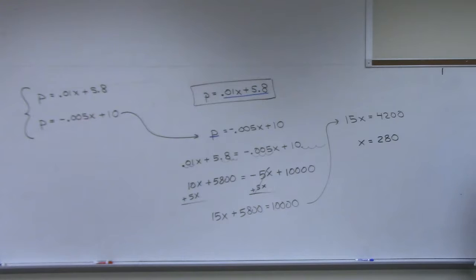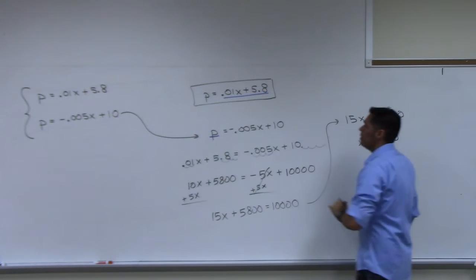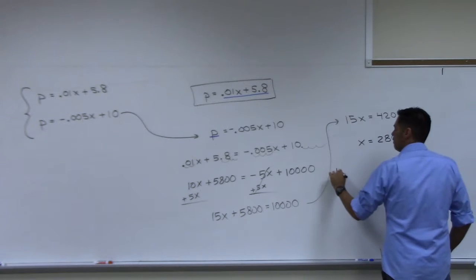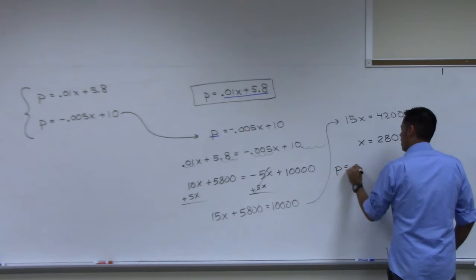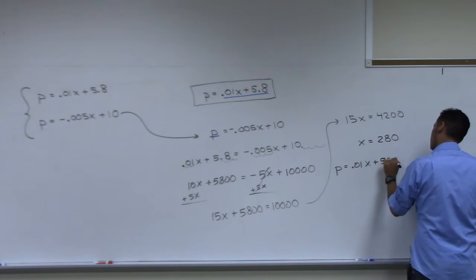Now we're not done. We now need to go find what? The y, or in this case, p, right? And we can use this boxed equation to find p. So now I'm going to substitute that in. P equals 0.01x plus 5.8.